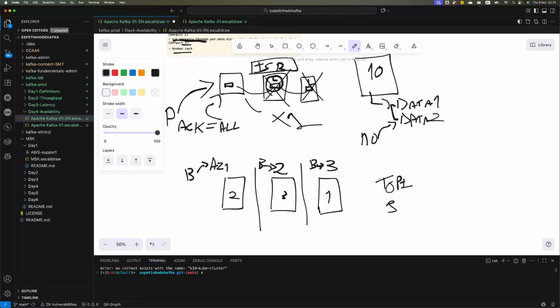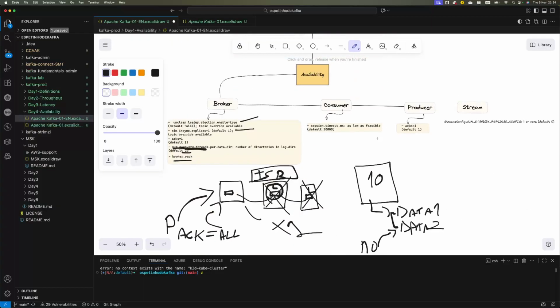This is a good thing you can care about, and you could take a look at it for your Kafka configuration, right? So please review this configuration.